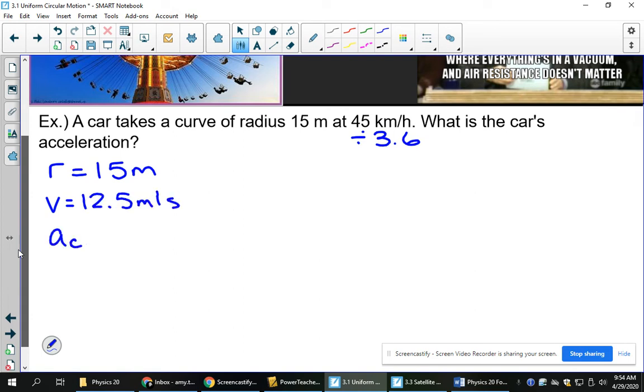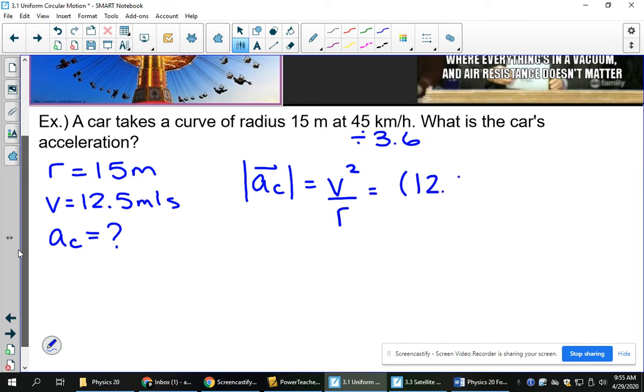And we want centripetal acceleration. Pretty simple formula. It's got absolute value bars, which means we just ignore any kind of sign, positive or negative, because it's always towards the center of the circle. So what kind of sign do you give that anyways? So really we're just finding magnitude.